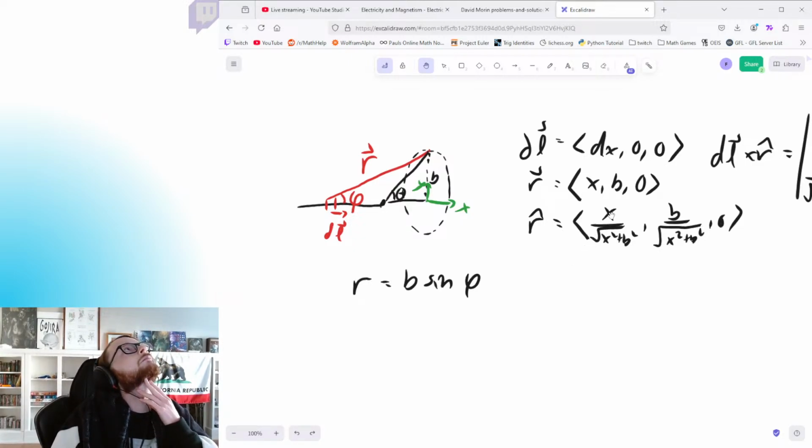But because you picked the top point on the circle, we just get a Z. At the top of the circle, we get a Z, and at the bottom, we get a negative Z. On the point of the circle closest to us, we get a negative J, negative Y. So up here it goes that way, then here it would go down, there it would go left, and in the back it would go up again.